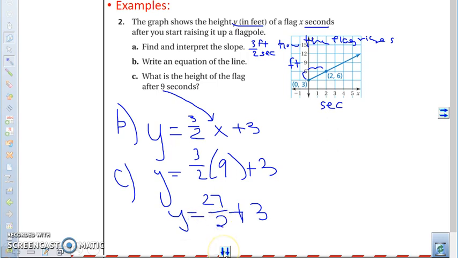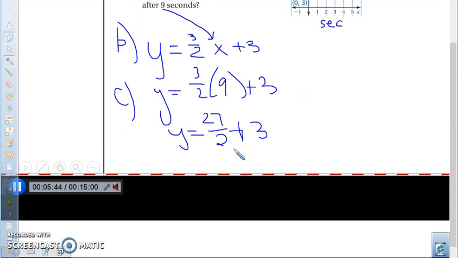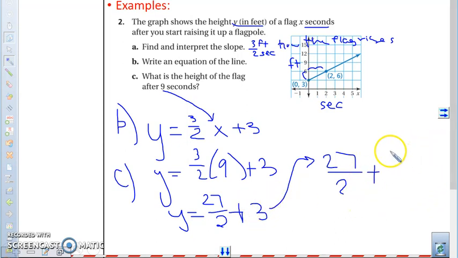Okay, now I'm going to go over here for more space. All right, 27 over 2 plus, I'm going to change it so they have the same denominator. 3 times 2 is 6 over 2. 27 plus 3.